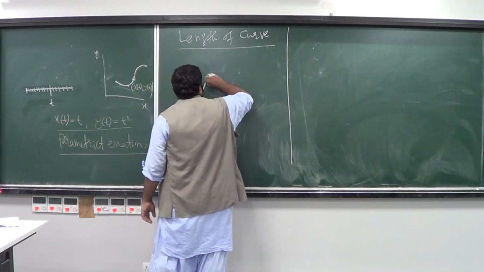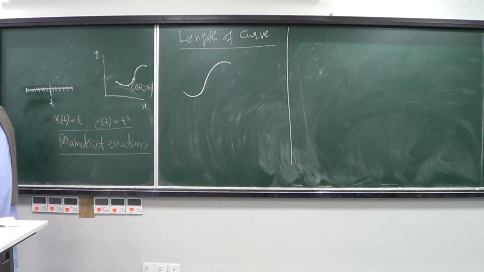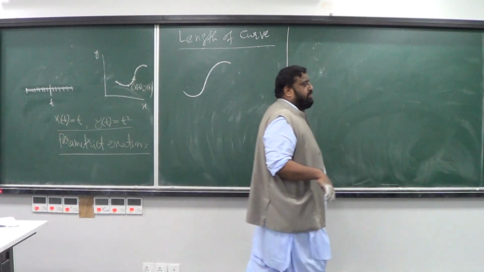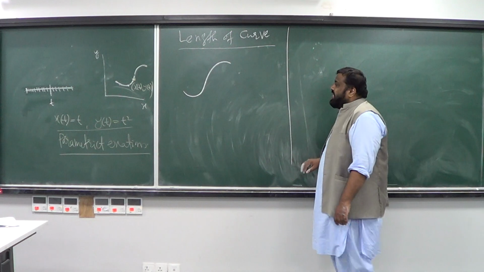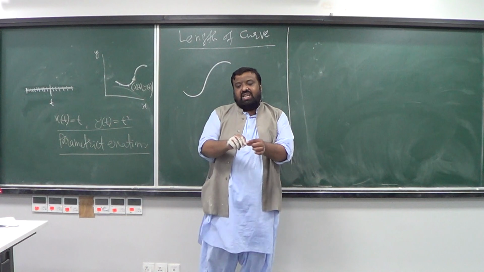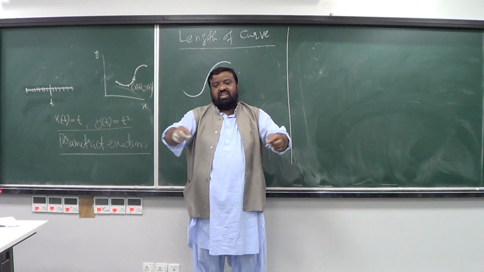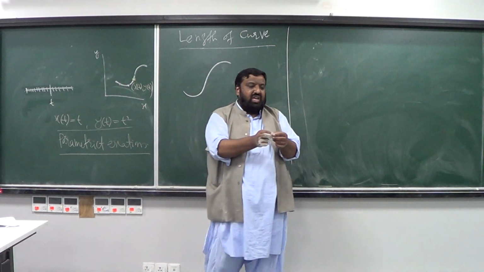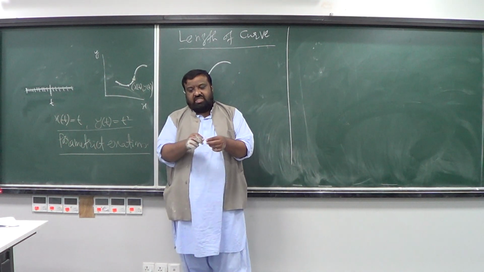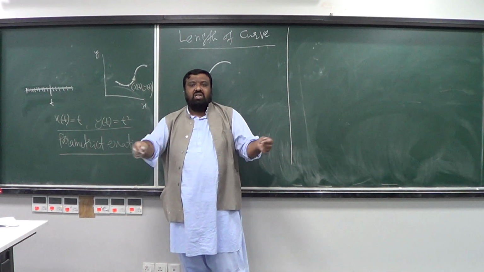Imagine I give you this curve and I say compute its length. How are you going to compute it? What would be the tricks to compute it? You can say, okay, if this curve is like a rope, then I can stretch that rope and measure this length by some suitable measuring tape or some scale actually.